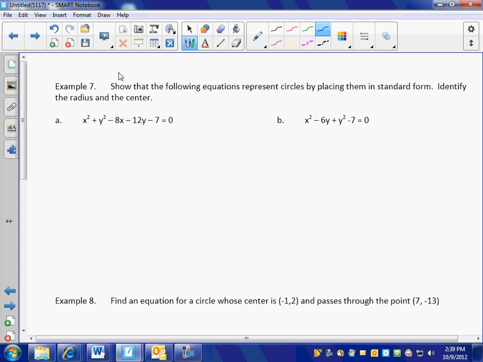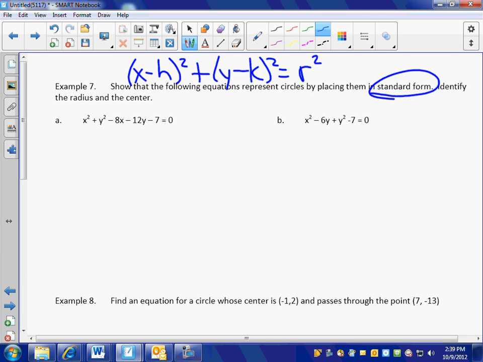Show that the following equations represent circles by placing them in the standard form. So if they're going to be in standard form, that's my key phrase. It needs to be (x minus h) squared plus (y minus k) squared equals r squared. So you tell me, what do I have to do to make it in that form? CTS.